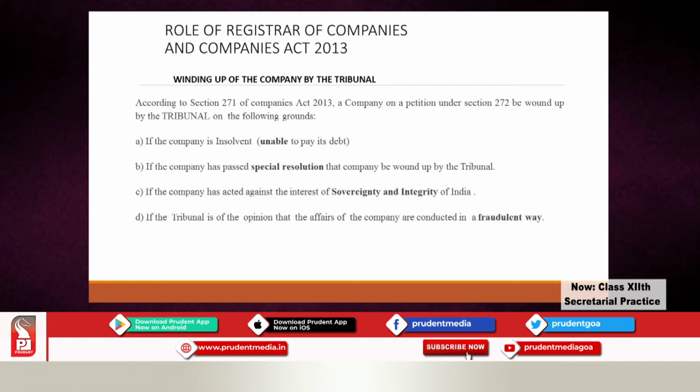And the last, if the tribunal is of the opinion that the affairs of the company are conducted in a fraudulent way.